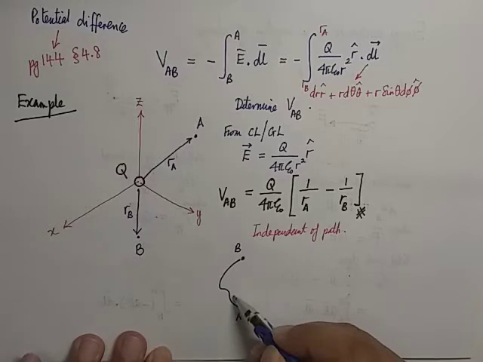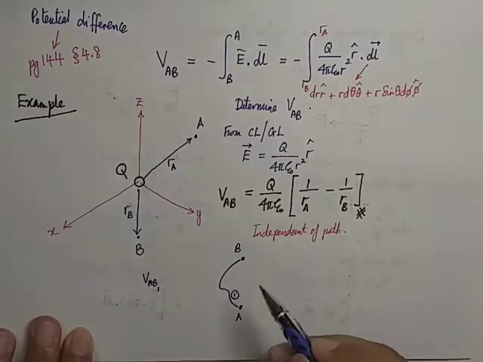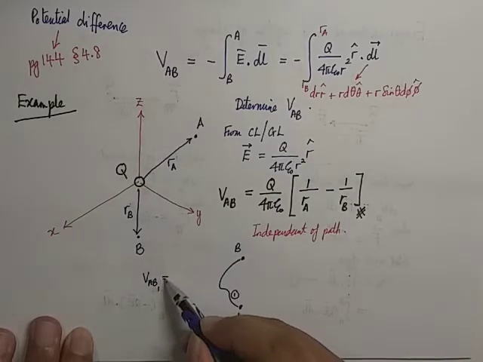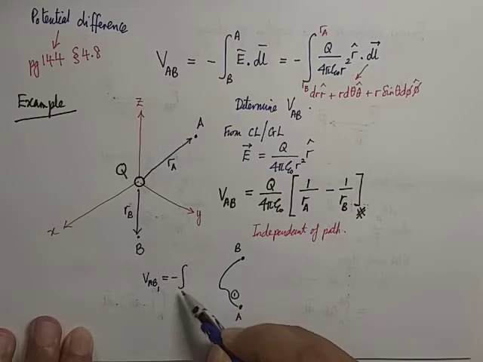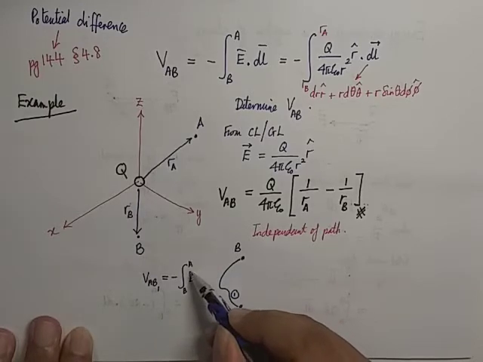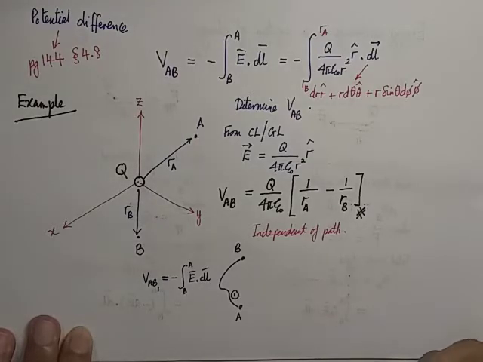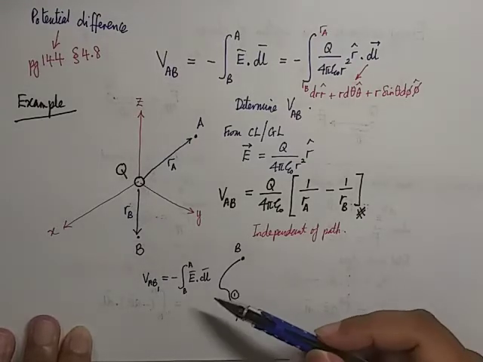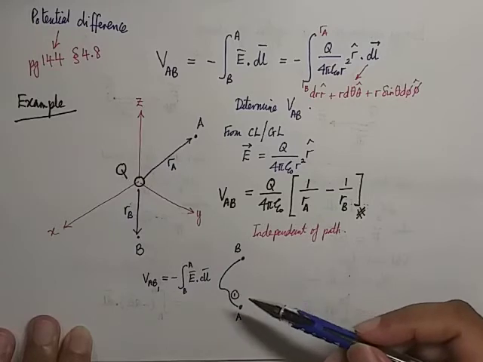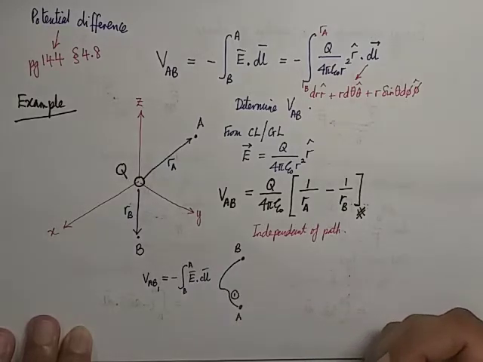Let's call this path number 1. So I'm going to say VAB1, because I'm depending on path number 1, is equal to negative integral from B to A of E dot dl. That should be the first potential difference that we calculate based on the equation, and we can see the path taken to move the point charge shown in blue.